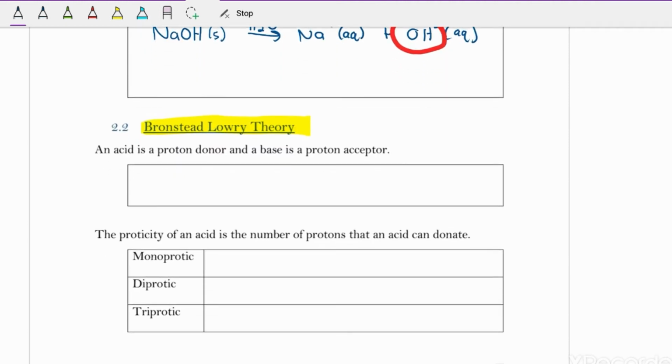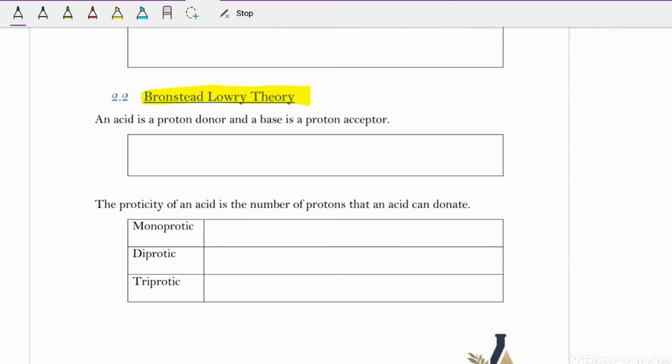If we compare that to the Bronsted-Lowry theory, here you need to know that an acid is a proton donor, so it donates a hydrogen ion, and a base is a proton acceptor. This is very crucial in this theory. For example, I'm going to take hydrochloric acid again. Remember, it ionizes, but the fact that it has a hydrogen means that it can donate a hydrogen to something else.